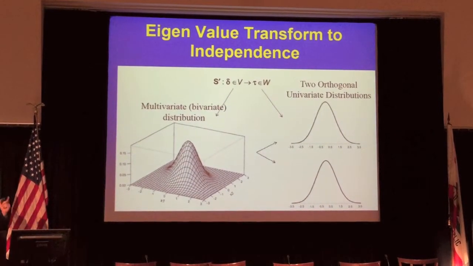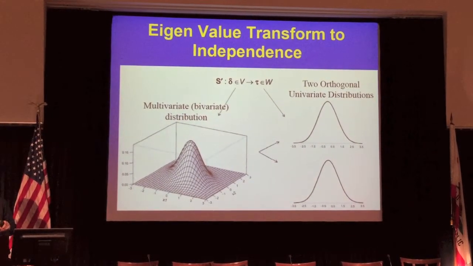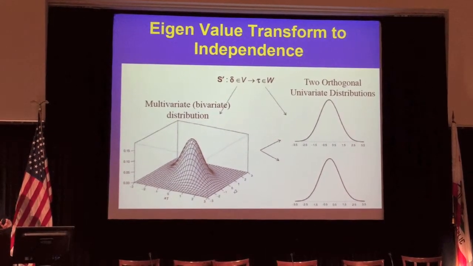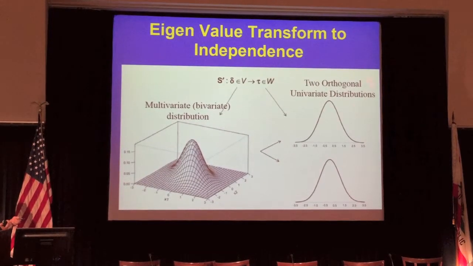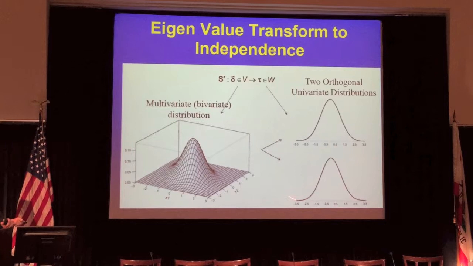Well, fortunately, this dependence can be eliminated by forming an EVD deconvolution, or EVD transform, that basically turns the multivariate Gaussian into two univariate distributions which are orthogonal to each other.